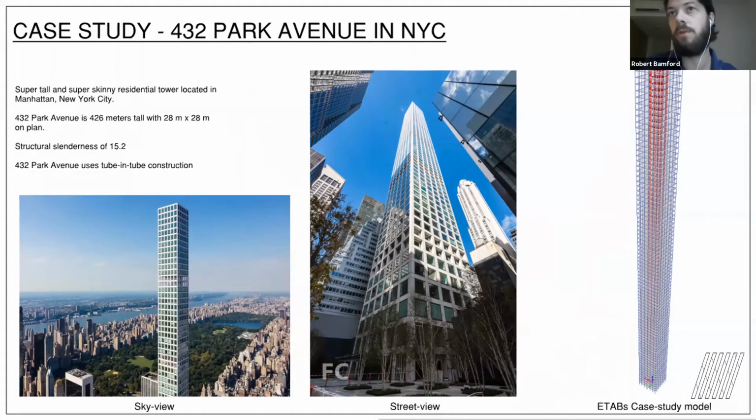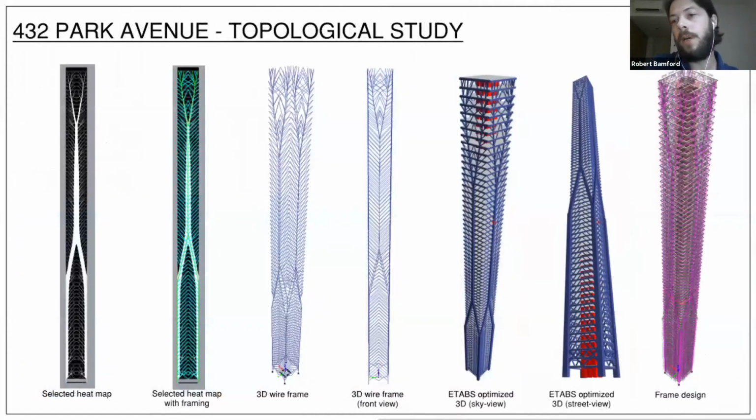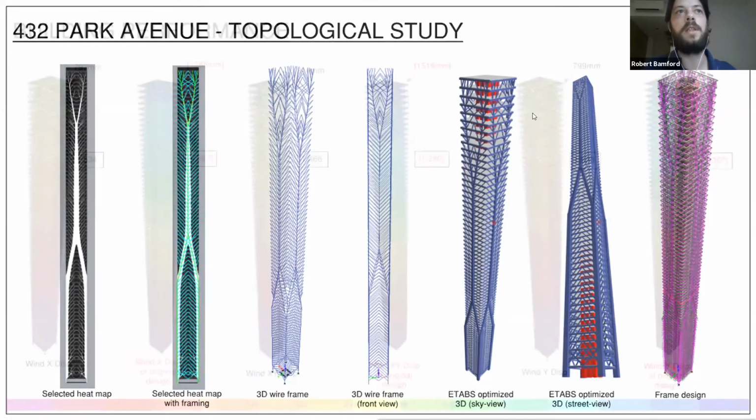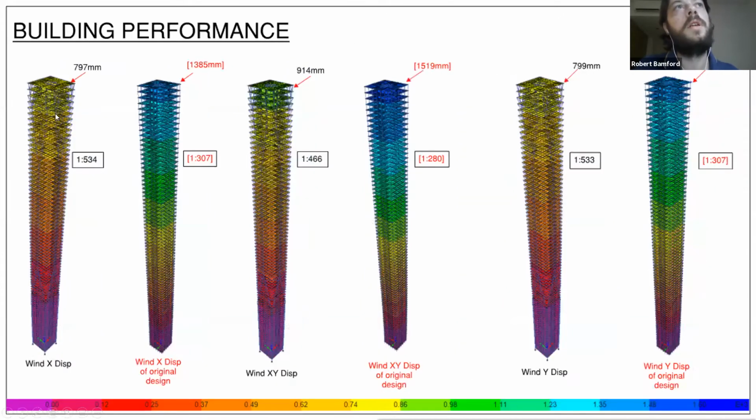Everything's orthogonal, and we recreated just the facade elements using topology optimization, and reran the exact same structural analysis, same loads, same wind and everything, using this recreated facade frame structure. And what we found is that the building performance improved massively.